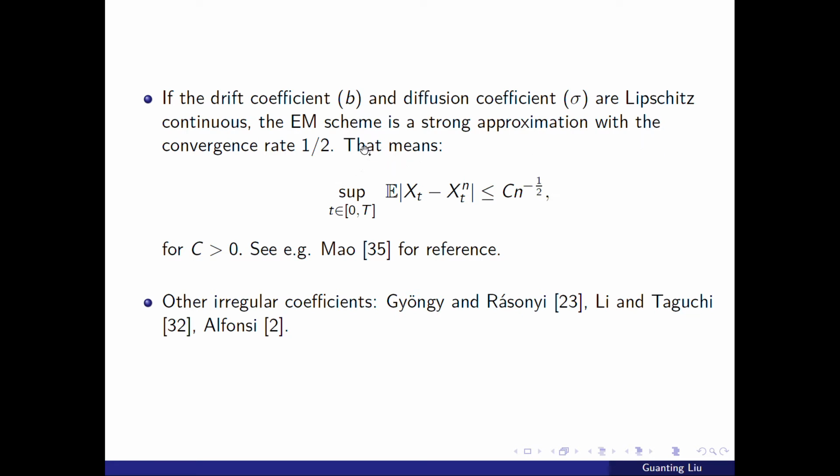The mathematical meaning of that is the following. The strong error, the expectation of the difference, is less than or equal to C times the number of time intervals to the power minus a half. We call this power a half the strong convergence rate. C is some positive constant depending on other parameters.